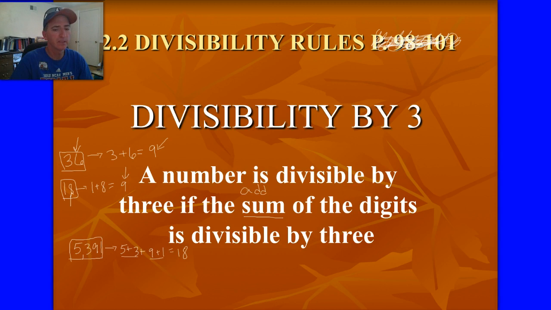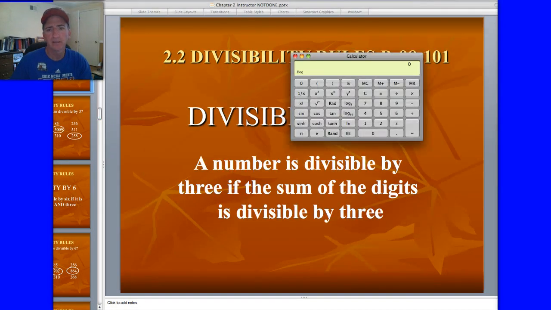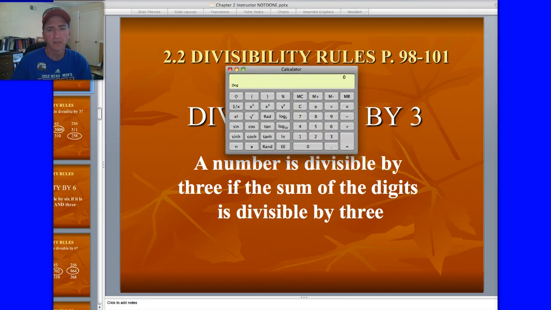Another thing you could do is, if you weren't sure if 3 went into 18, you could do 1 plus 8 is 9, and it'll go in there. So yes, 3 goes into that number. Again, you don't know how many times. Now, I'm going to try getting out of my PowerPoint here and pull out my calculator and show you.